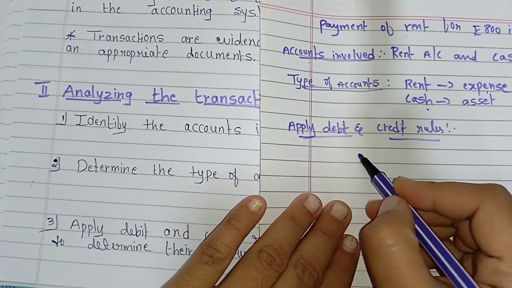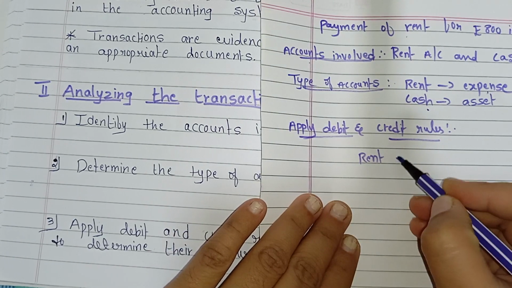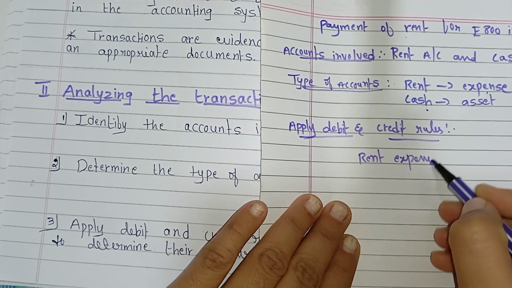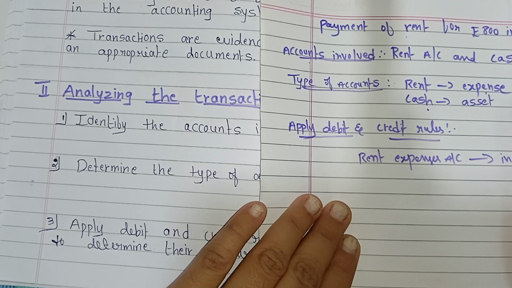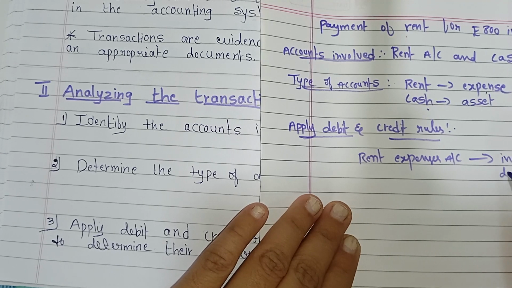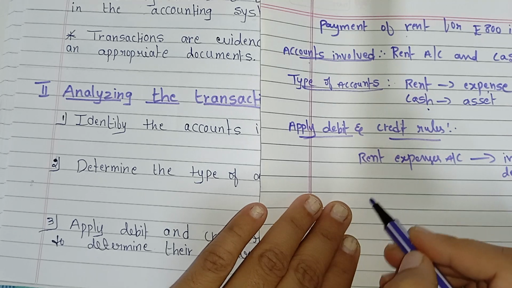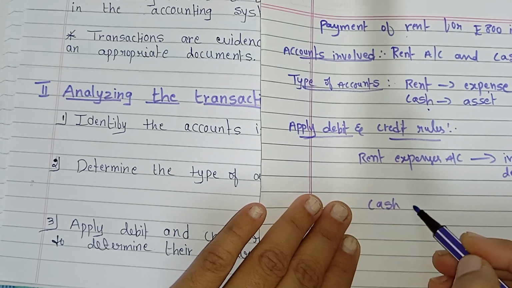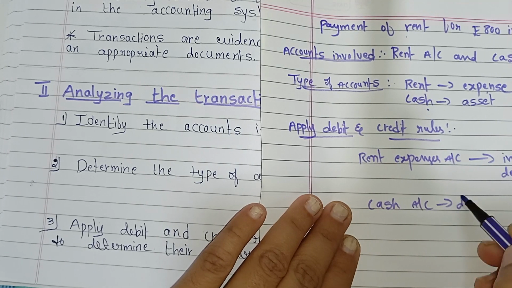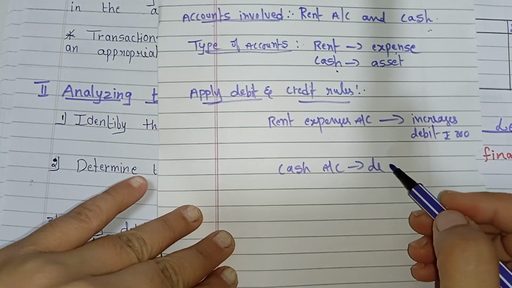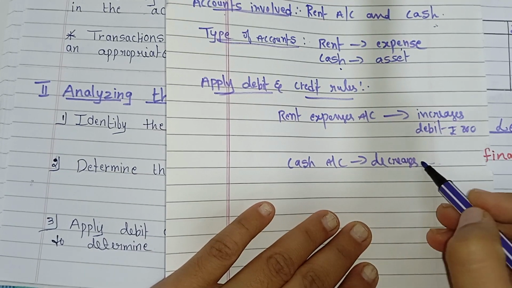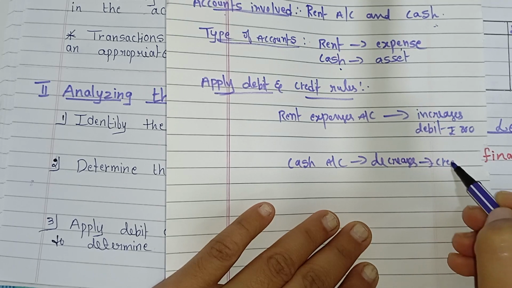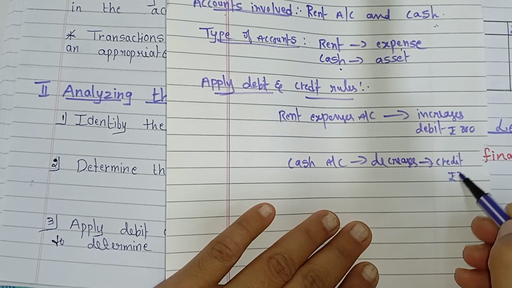See here, the rent expenses account, or rent account, increases, so debit rupees 800, and the cash account decreases, so credit rupees 800.